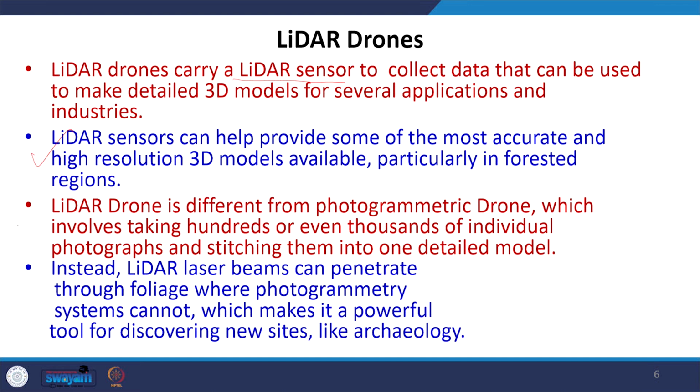The LiDAR drone is different in approach from the photogrammetric drone, because the photogrammetric drone will take hundreds and even thousands of photographs, and we have to stitch them together. We have to create a mosaic from all these photographs, so this has to be a very accurate process.